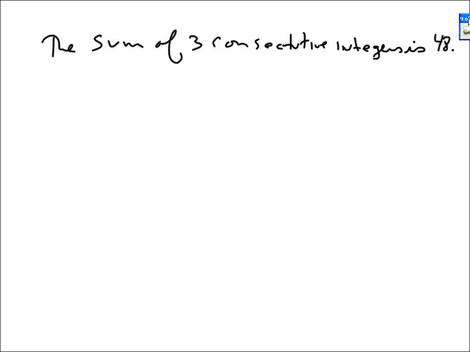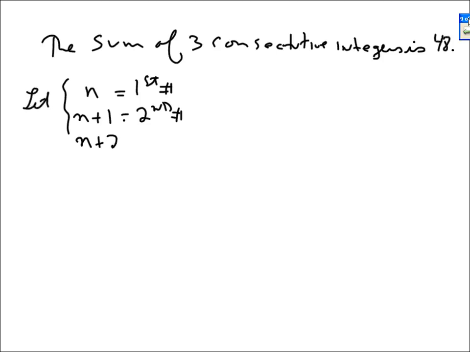Now, most people will tell you to do it this way. Let n equal the first number, add 1, so n plus 1 is the second number, add 1 to that, get the next one. 1 plus 1 is 2. So n plus 2, that's the third number.